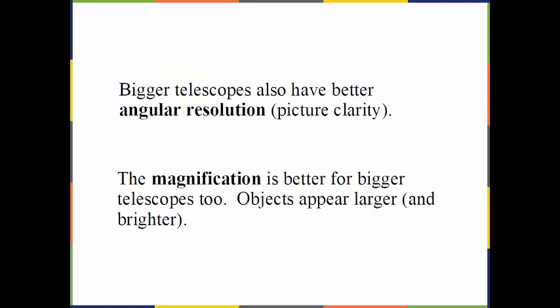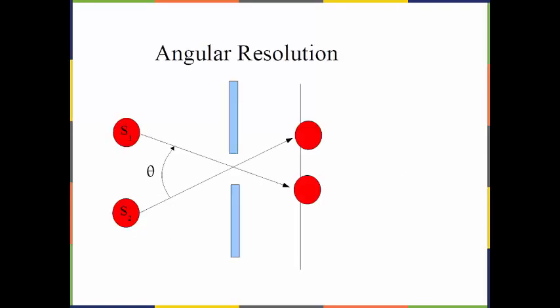Bigger telescopes also have better angular resolution or picture clarity, and the magnification is better for bigger telescopes. Objects appear larger and brighter. So when we talk about the picture quality or the angular resolution, consider this.